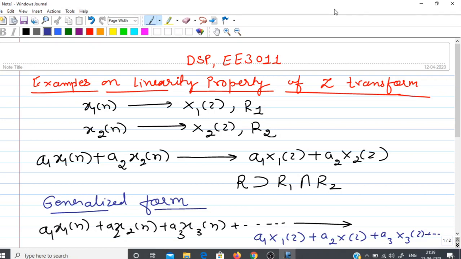In my last video, we discussed the linearity property of the Z transform, and we have seen that if x1(n)'s Z transform is X1(z) with ROC R1, and x2(n)'s Z transform is X2(z) with ROC R2, then what would be the Z transform of the linear combination of x1 and x2?